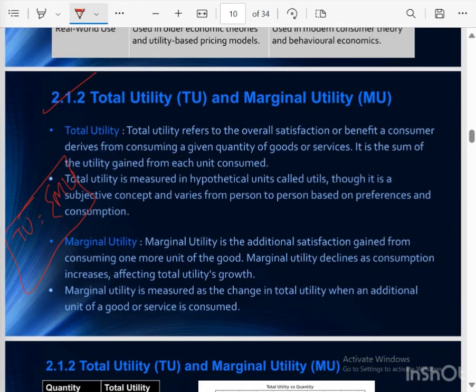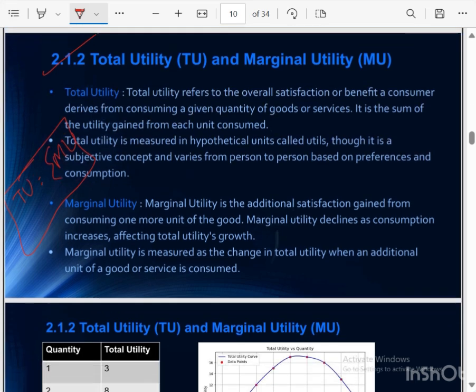So then what is marginal utility? Marginal utility means the additional satisfaction gained from consuming one more unit of a good. Law of diminishing marginal utility.